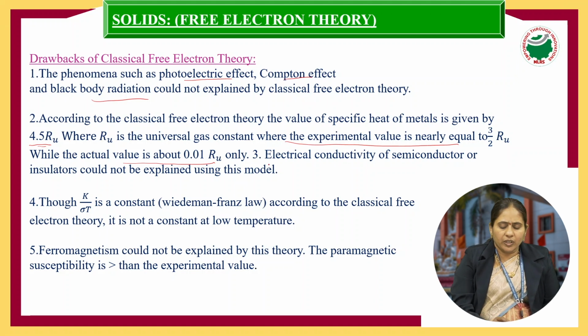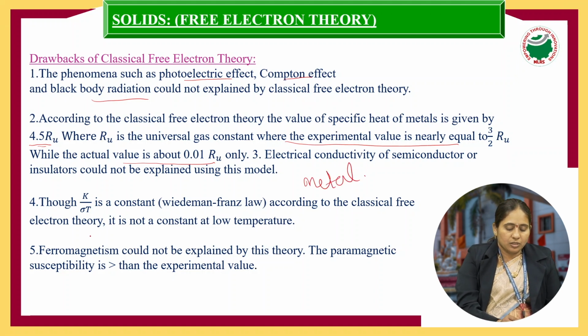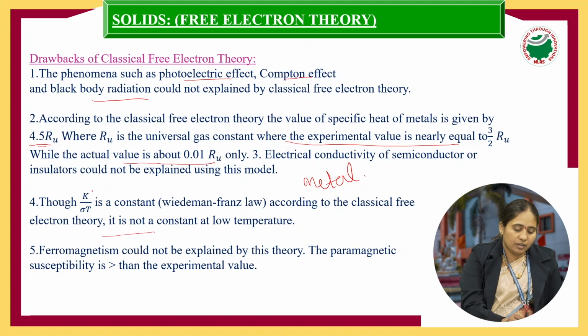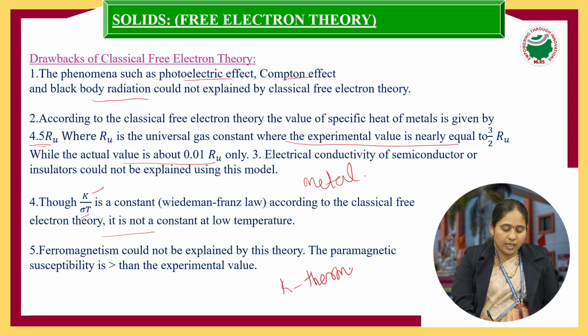Third failure: the electrical conductivity of semiconductors as well as insulators. It explains only metallic properties, but not semiconductors and insulators. Next, K by sigma T, where K is the thermal conductivity and sigma is the electrical conductivity.